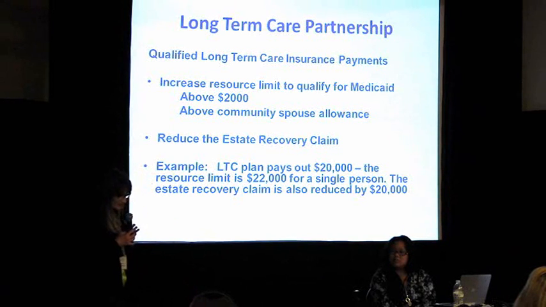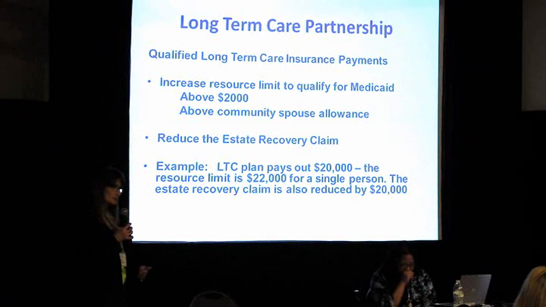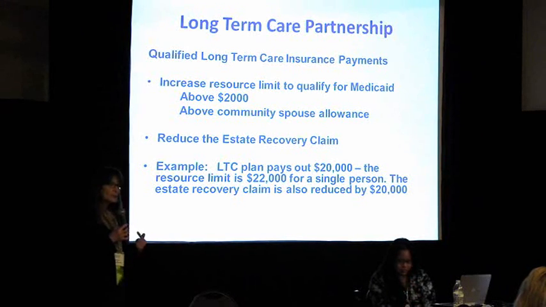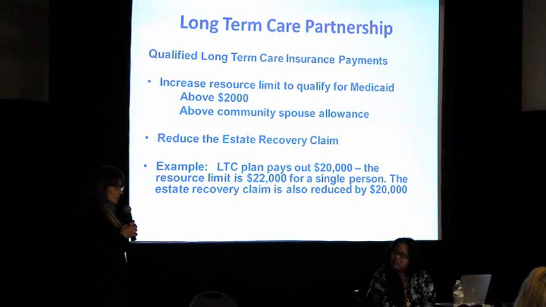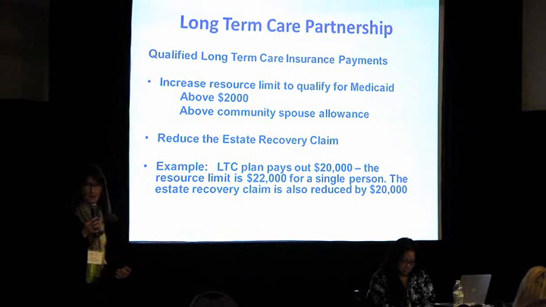So what this is, it's a way that qualified long-term care insurance payments work. If you have a qualified long-term care insurance plan and it pays out on some of your coverage, you get a benefit. We call it on the front end and on the back end. The resource limit that we talked about before will actually increase, and we also reduce your estate recovery claim.